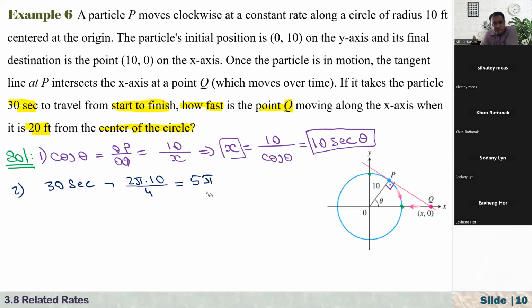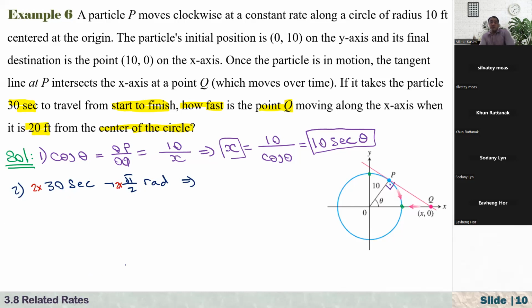No, actually, not the distance. I had to find the angle. So in 30 seconds, theta changes by pi over 2 radians. If you multiply both sides by 2, that means we have 60 seconds and pi radians.